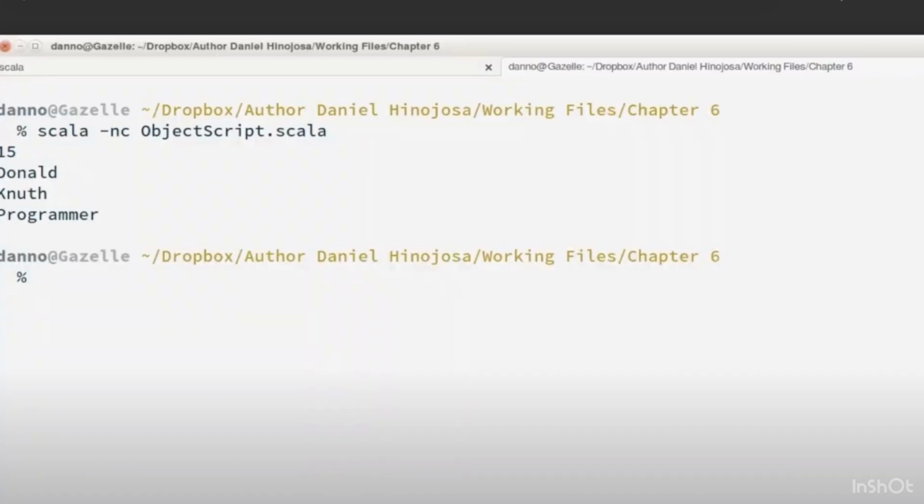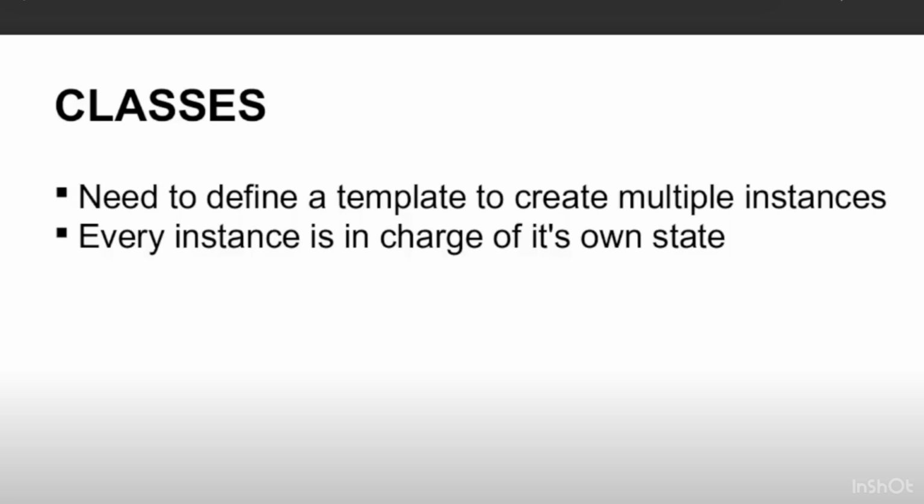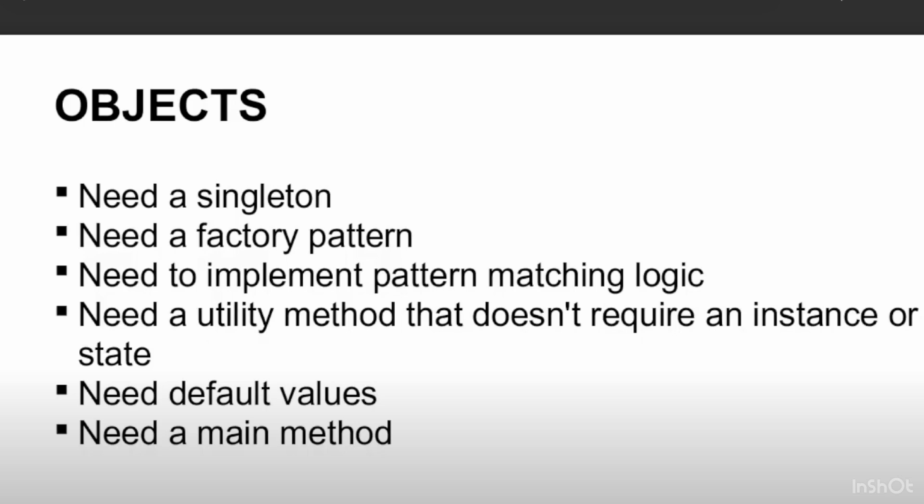Because we have the class employee, this will create multiple instances of employee. A class is nothing but a template to create multiple instances, and every instance is in charge of its own state. The object, as I have said, is a singleton. It needs a factory pattern, where we can implement that object.